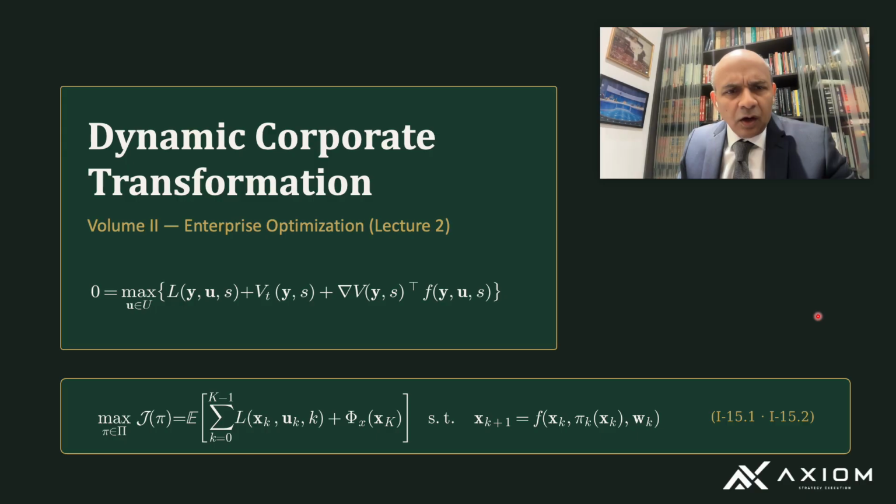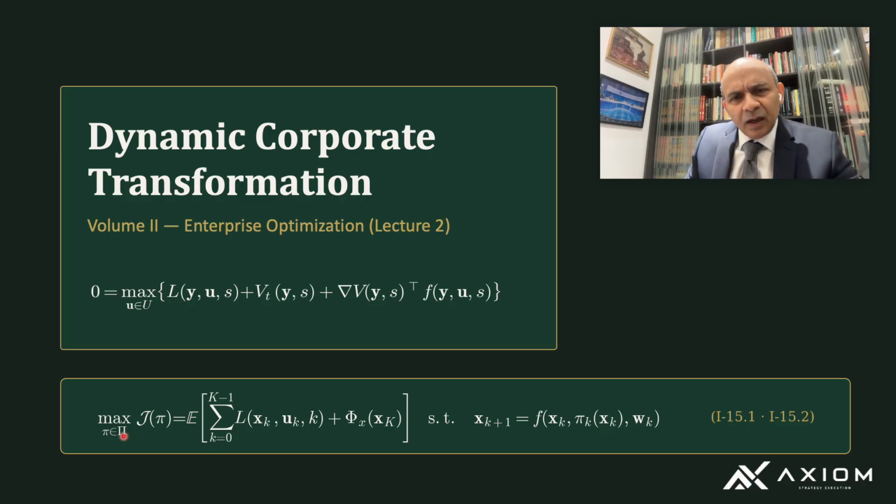Okay? All right. Now, the equation at the bottom over here is the general enterprise optimization problem, or GEOP, objective. This is the discrete time general enterprise optimization problem, which chooses an admissible enterprise policy pi. That's the pi.